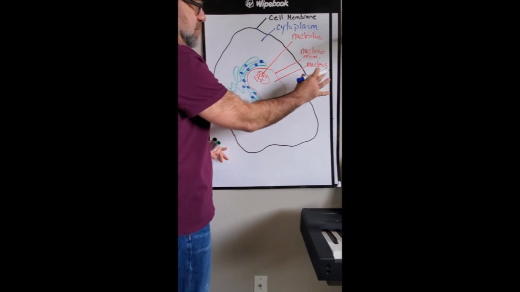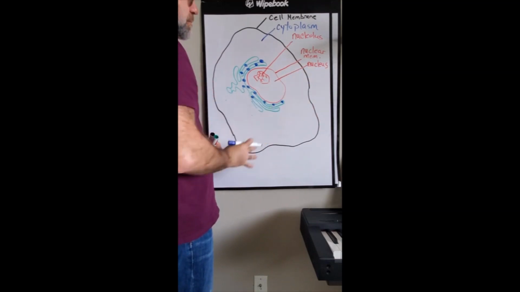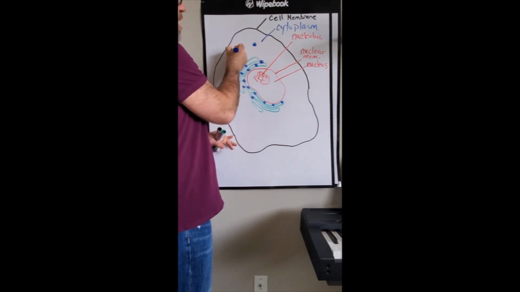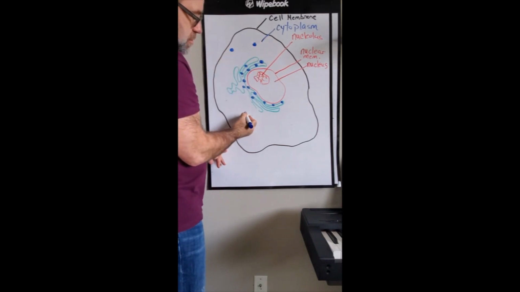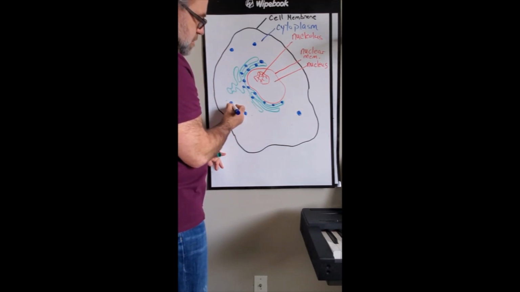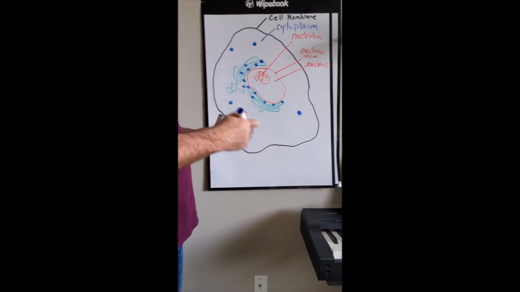Now, I got a nice little bit of space over here that I do want to use for something else, but I need to show that these ribosomes are also free floating. I'm going to use this color to symbolize those. Okay, so now I better do a little bit of labeling or I'm going to end up in trouble.